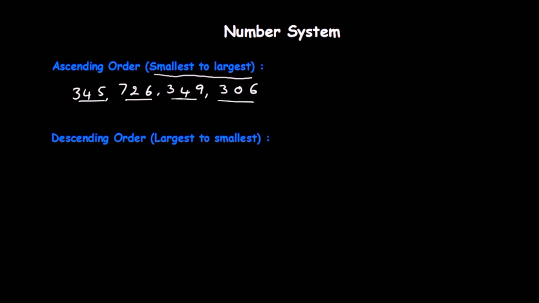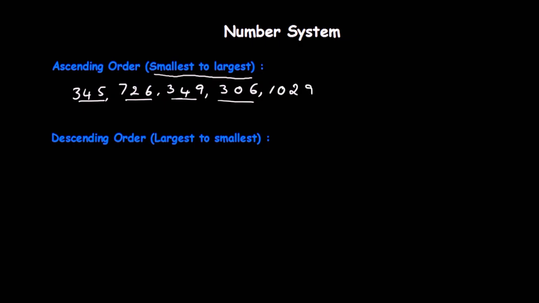Now you can check the highest place value. In a 3-digit number the highest place value is hundreds. One more example I am going to take, that is 1029.